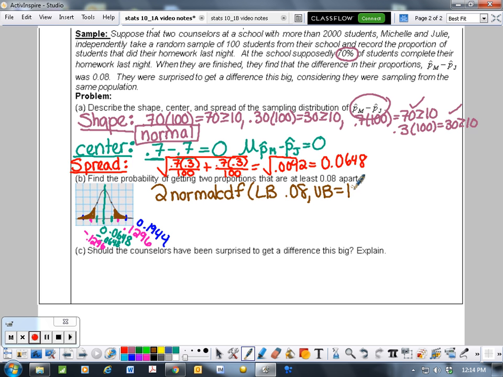I'm going to go ahead and go with 10. Mean of 0, because that's what we got up here, and a standard deviation of that 0.0648.